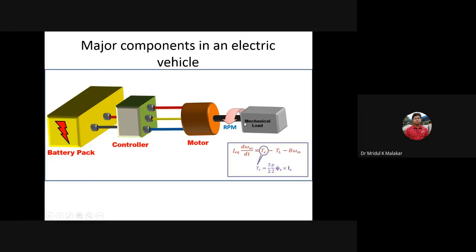So if we know the equivalent inertia, I can immediately replicate the system. This is the mechanical dynamics I'm getting from the mechanical side.